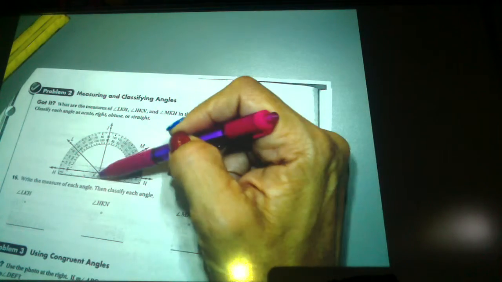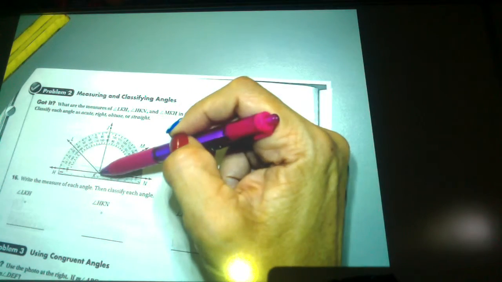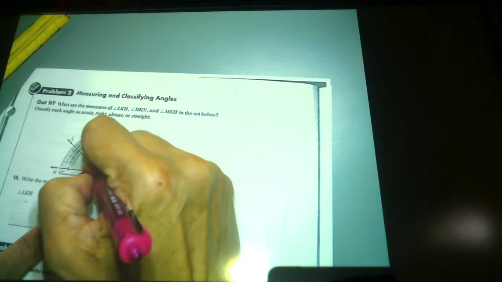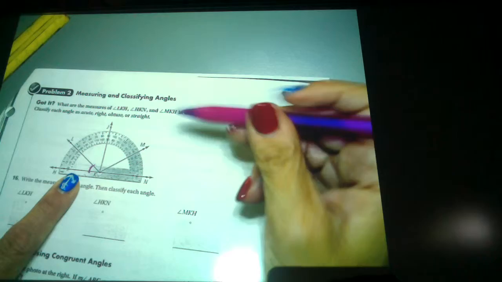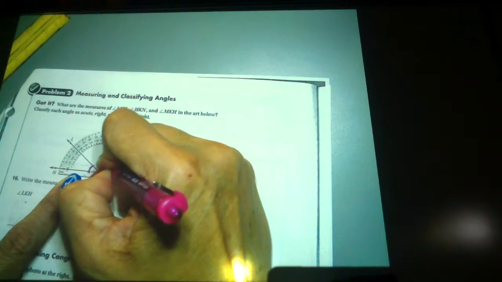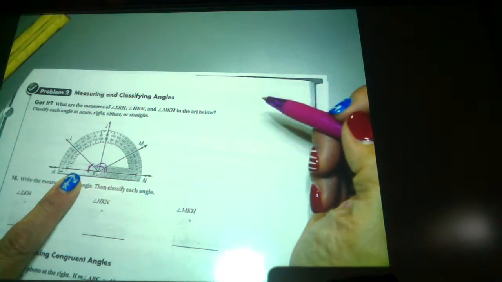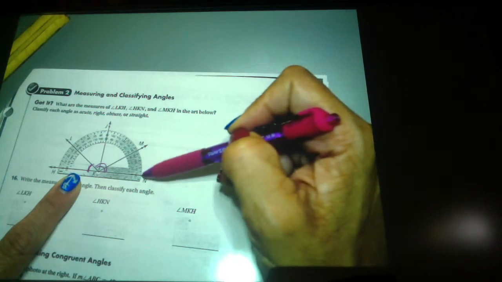All right, so LKH, trace it with your fingers, from L to K to H. Now, from here to here is where they're asking you to measure. Wouldn't this right here be the adjacent angle that makes a straight angle to it? This is where the 0 is over here.